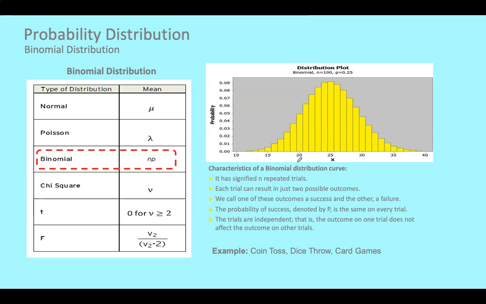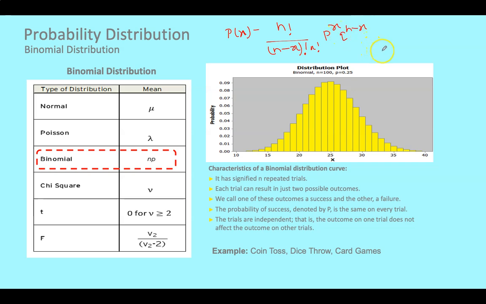Okay, so binomial distribution can be defined as the probability of x equal to n factorial over (n minus x) factorial times x factorial, times p to the power x, q to the power n minus x, where n is the number of times the event occurs. The probability of failure can be easily computed.